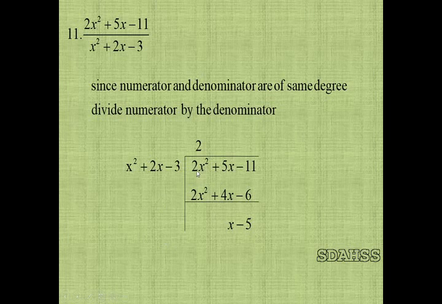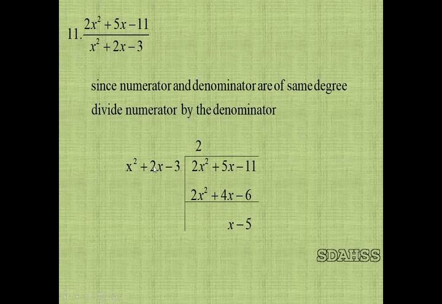Here the numerator is 2x square plus 5x minus 11 and the denominator is x square plus 2x minus 3. Divide the first term, 2x square by x square. 2x square by x square is 2. Multiply the whole equation by 2.